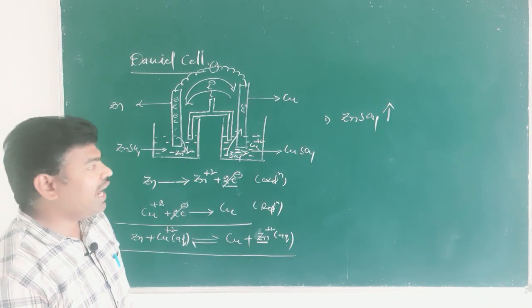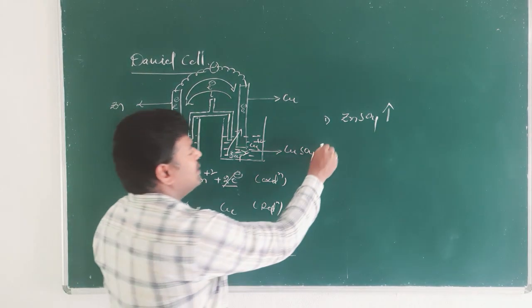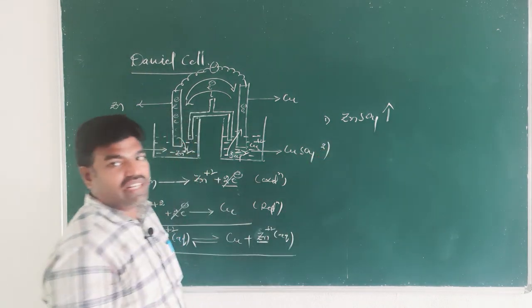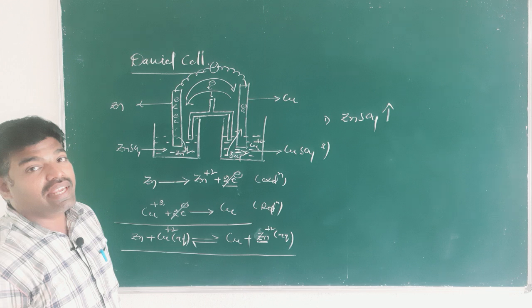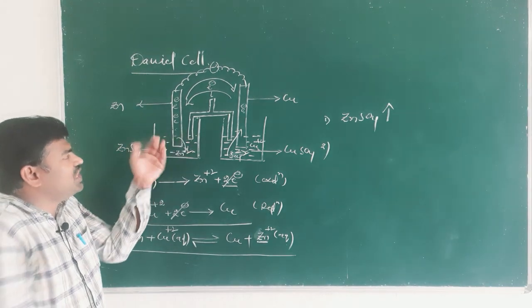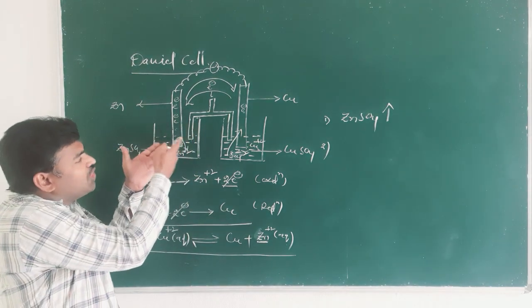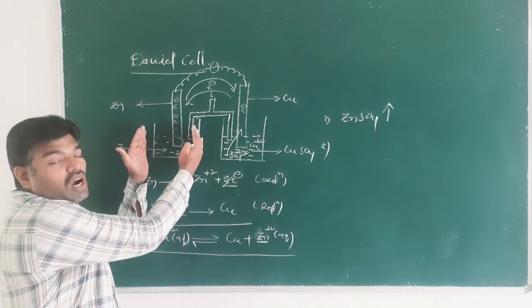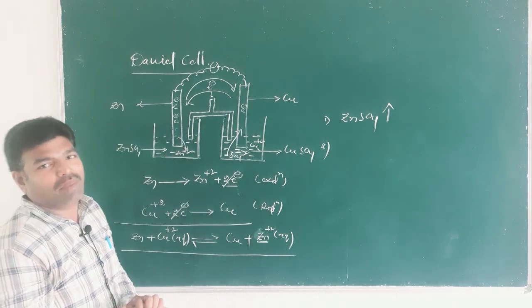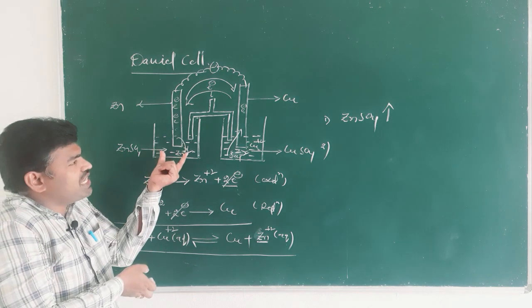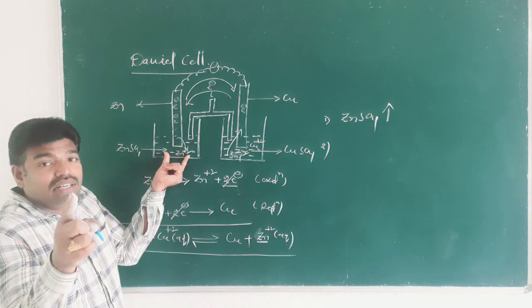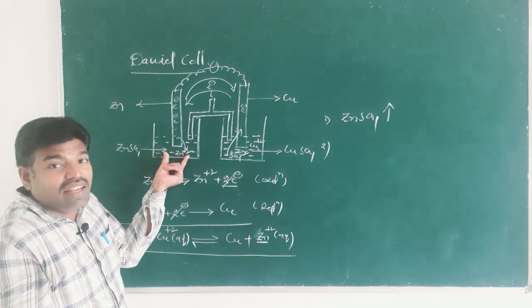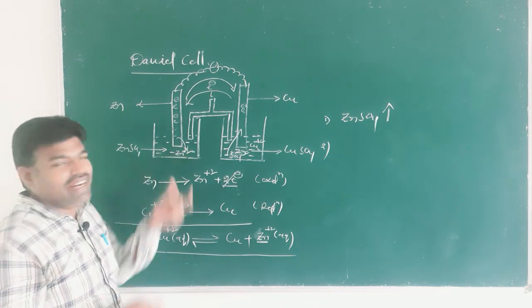This is the compartment where the oxidation takes place. That is why this compartment is called the oxidation compartment. So in this oxidation compartment, the concentration of zinc sulfate solution increases, right.